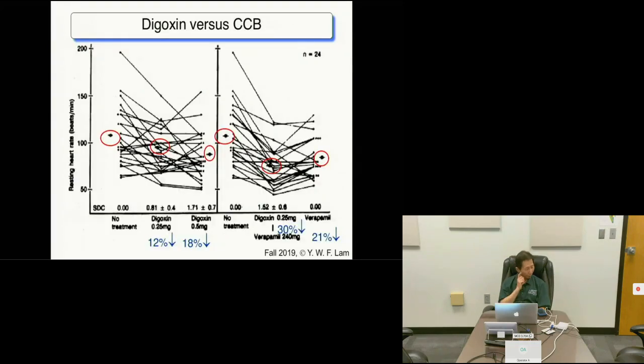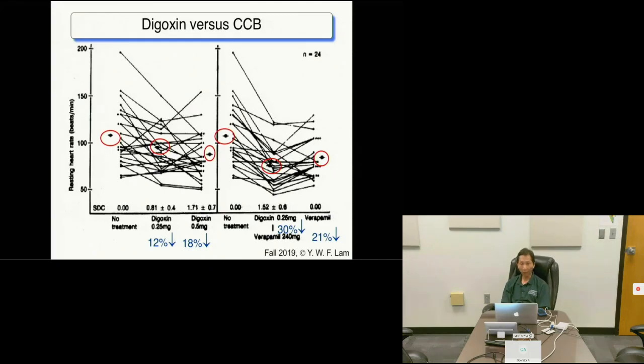So for the next two slides that I have for you, I don't really want you to get so caught up in all the different lines. I basically put a circle for you to focus on those circles. It gives you an idea as to why digitalis is not really that effective. In this case, we have a group of patients who have a resting ventricular rate of about 110 beats per minute or so.